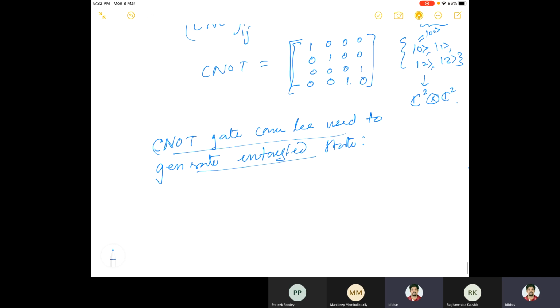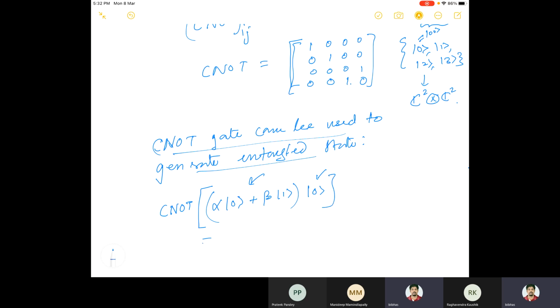Let us see. Suppose I take any qubit, the state of the first qubit being alpha 0 plus beta 1, and the state of the second qubit is 0. Then I apply the CNOT gate on the entire thing.